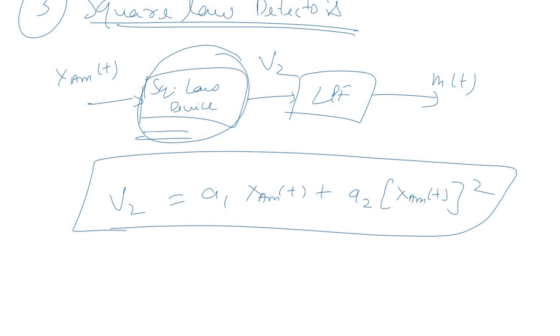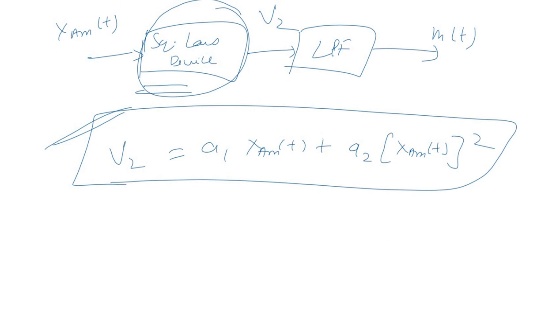Alright, a square law device is nothing but a circuitry made up of discrete elements that performs this kind of an operation and maintains this kind of an input-output relationship. So this V2 will be equal to A1 into, here you can substitute the expression of the amplitude modulated signal, and here the square of that, right?